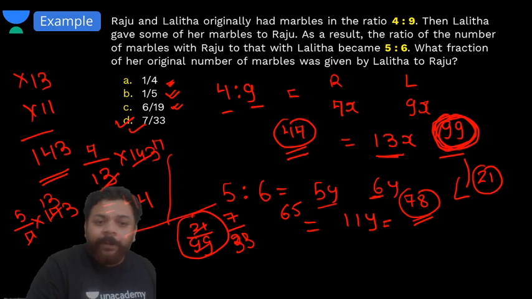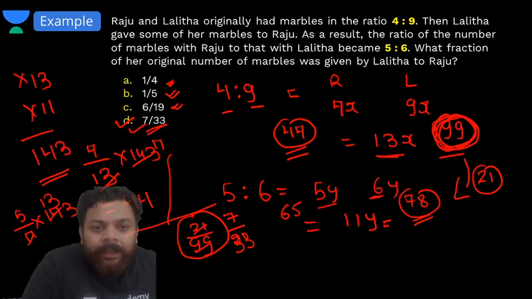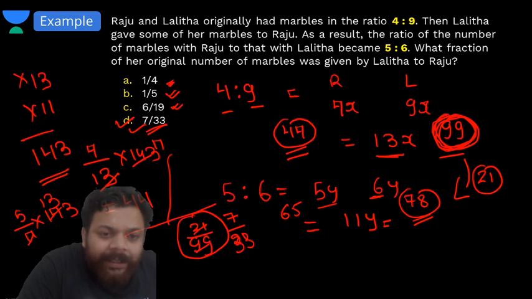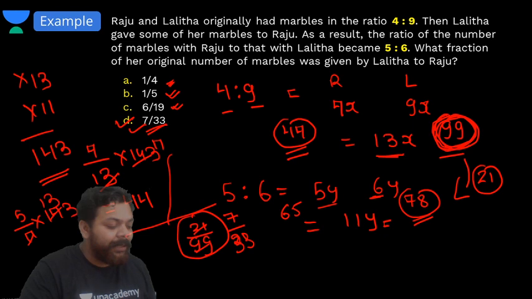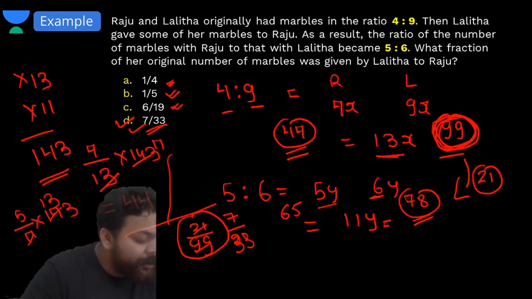There is only one option, 33 as a fraction of 99, which is option D. So option D is correct. Yes, very good, Shuyesh Pandey.